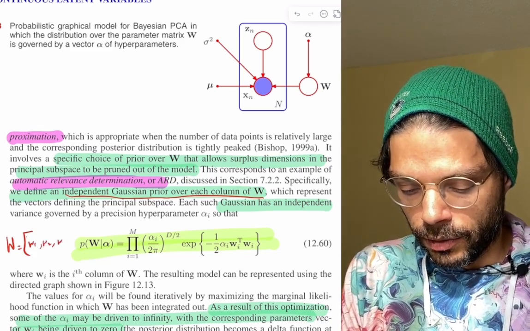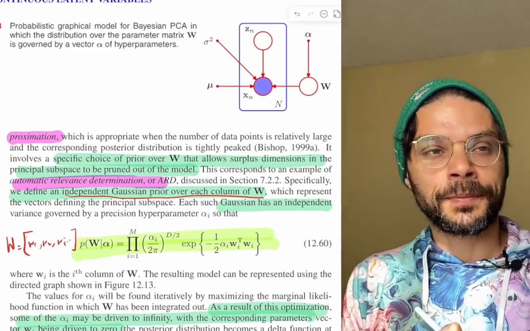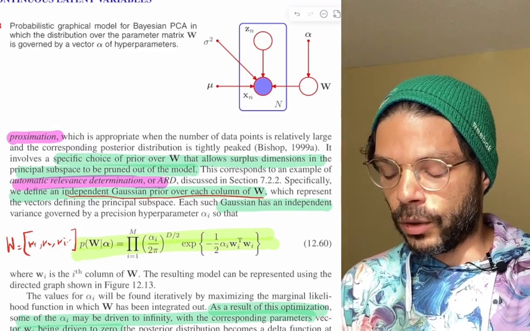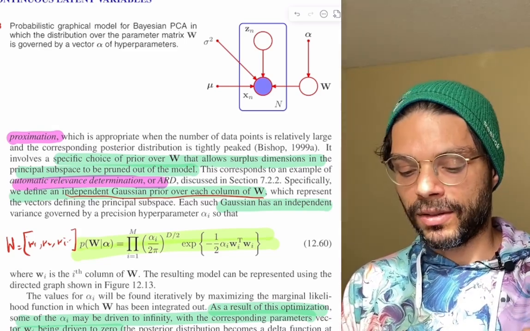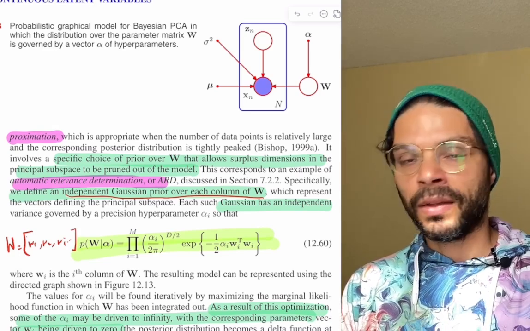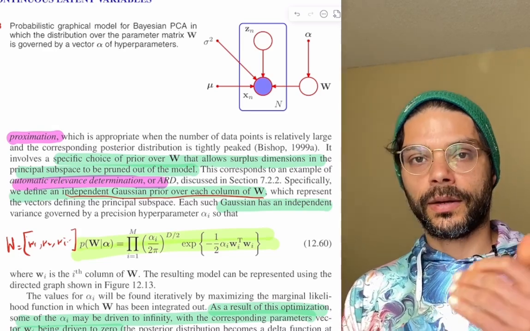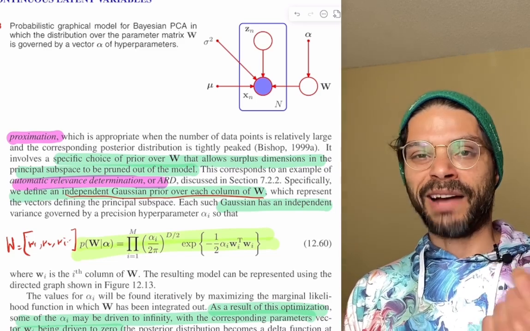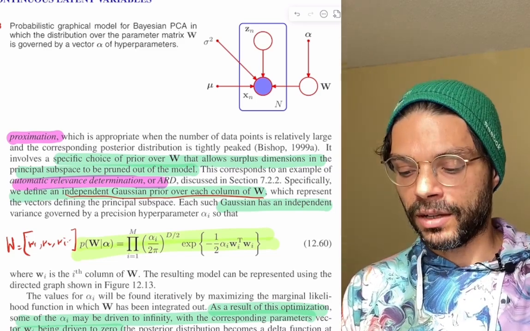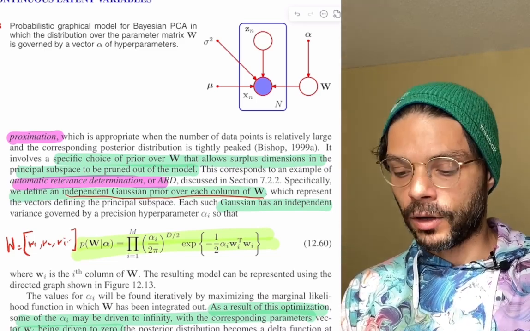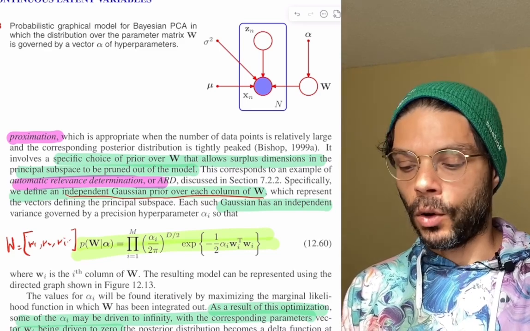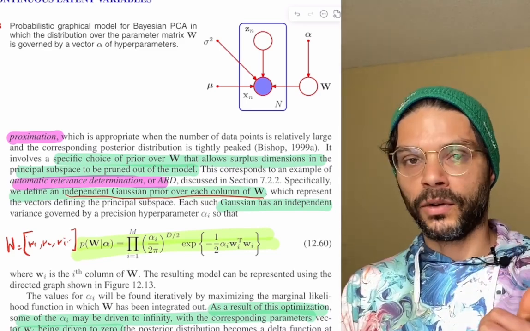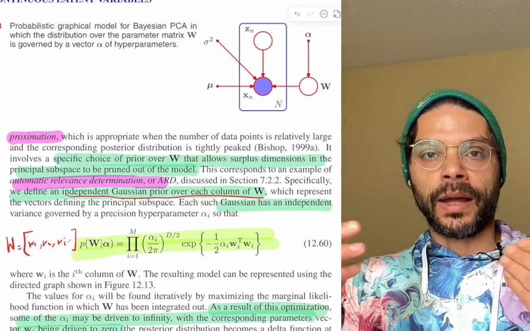Now what we're saying is we're going to put a prior on the elements of W in such a way that all the elements in the same column have the same precision. So it's going to be a Gaussian prior with mean 0 and precision alpha_i, and notice that alpha_i only depends on what column you're in. So all the elements of this column have the same precision.